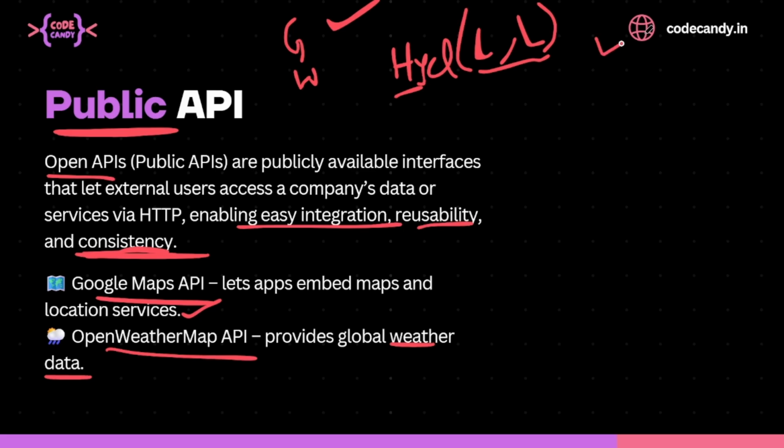Whether you open the Google app, Amazon app, Ola app, Zomato, Zepto, whatever app you open, Hyderabad will give this same data only. Why? Because all the companies are using the same API, and the data is consistent throughout every app.